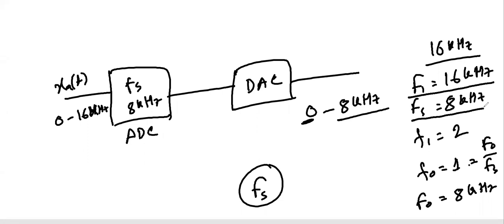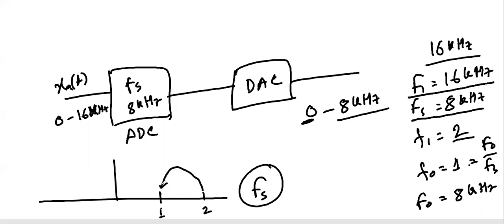F by Fs, that is 2. Okay, this 2 means what? It needs some description as well. This is 1, this is 2. From the 2 you will go to 1 and 1 to 0. So this f0 is equal to 1.